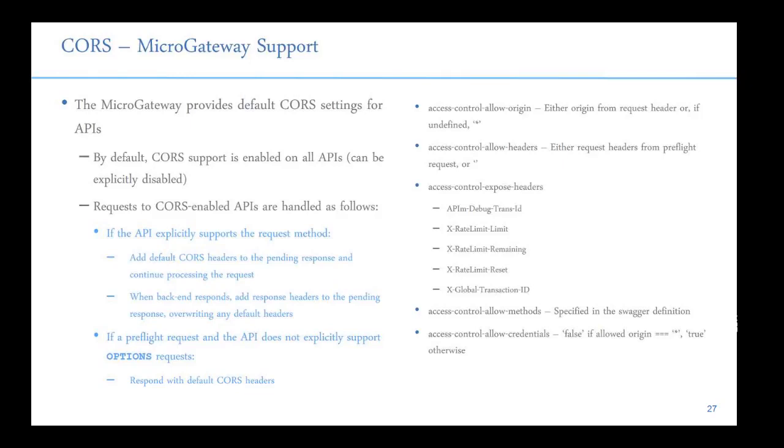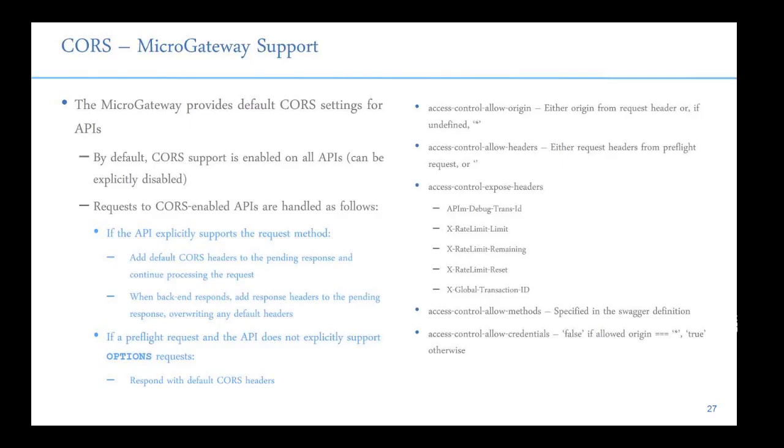But the real trick is with pre-flight requests. If the API does not explicitly support the options request, then we will basically catch that and respond with the default CORS headers and stop processing immediately. And on the right here, I've listed what those default headers are. They are conditional based on what's provided by the request.